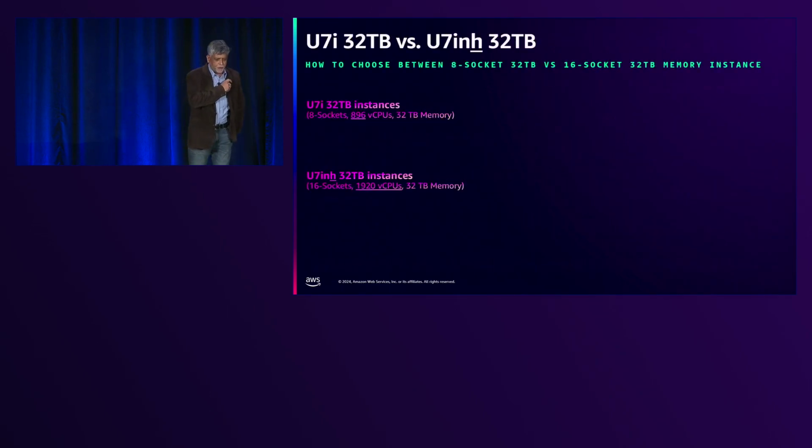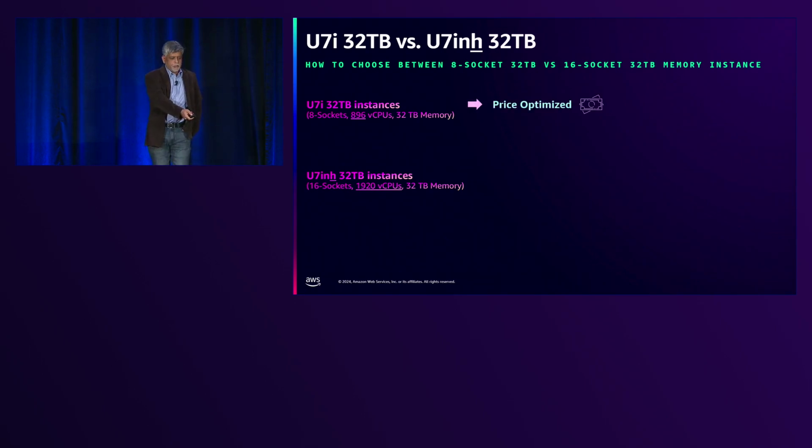With that, I want to highlight one important thing. These instances are premium instances. So we wanted to give some choices to our customers, especially as you go to the top tier instance sizes. Therefore, we have enabled two choices for 32 terabyte instances. One comes with 8 socket, the other comes with 16 socket. The reason we enabled the 8 socket is that with 896 vCPUs, you have enough power to meet the compute requirements of several of your workloads that demand 32 terabyte of capacity.